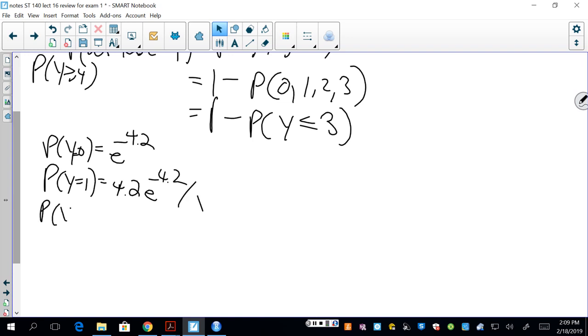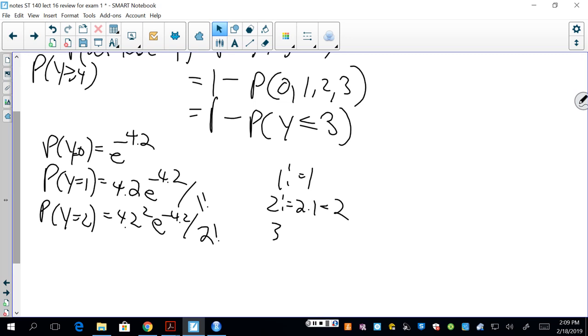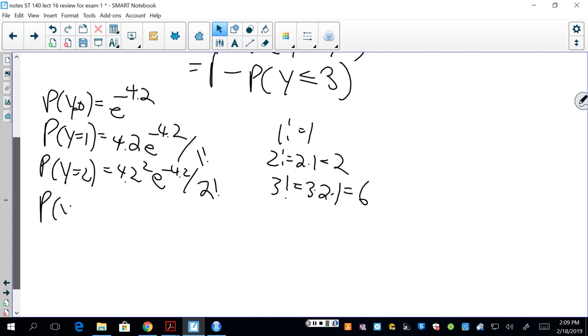So y is 2, there's a 4.2 squared, e to the negative 4.2 over 2. It's really 2 factorial. 1 factorial is 1, 2 factorial is 2 times 1, which is just 2. The next one is 3 factorial, which is 3 times 2 times 1, which is 6, multiplies. So the probability that y equals 3 is 4.2 cubed, e to the negative 4.2 over 3 factorial. And you'd add those up and subtract it from 1.